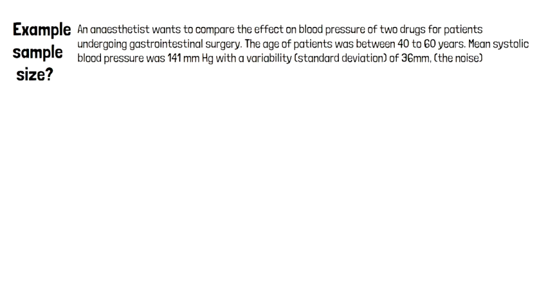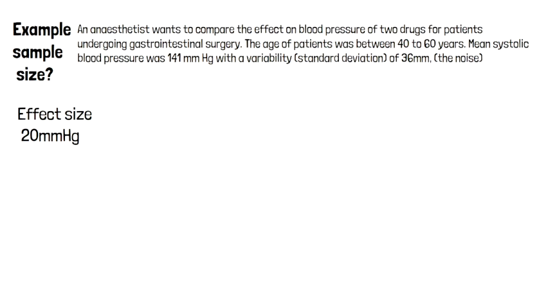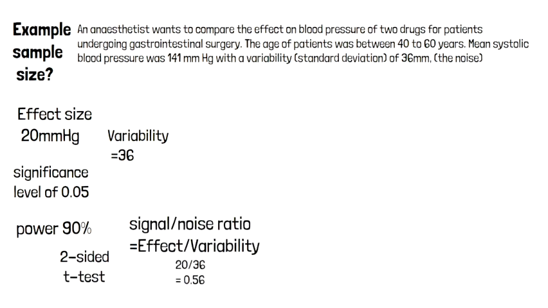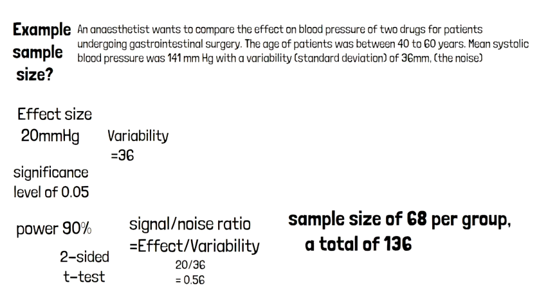The essential parameters required for the calculation of sample size are a difference in blood pressure of 20 mm of mercury, which is the effect size, or more would be of scientific clinical significance, and it's not a statistician's choice. A significance level of 0.05, a standard deviation or variability of 36, using a power of 90%, and a two-sided t-test. Then the signal-to-noise ratio would be 20 divided by 36 equals 0.56.